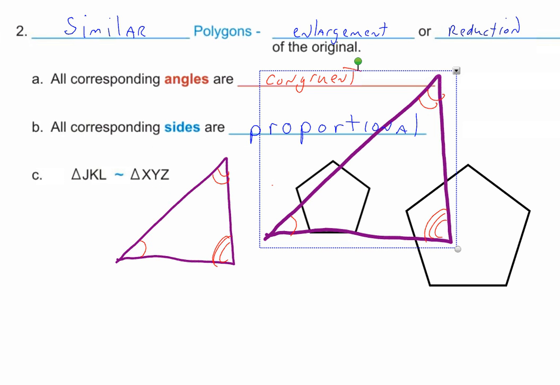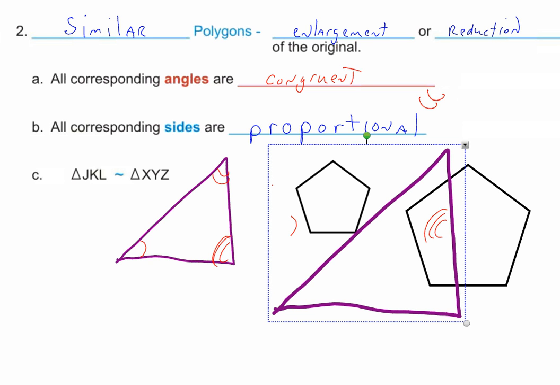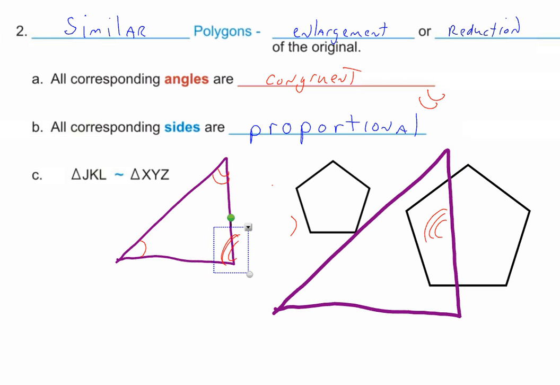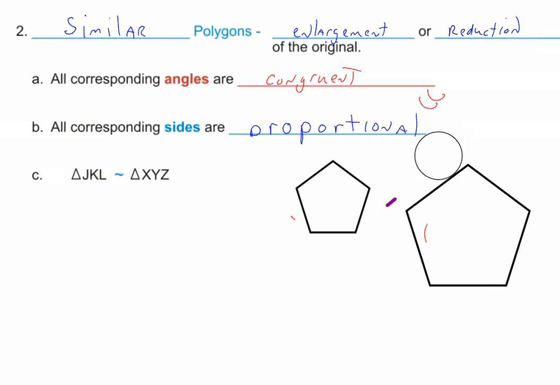Sides are proportional. Angles are congruent. Sides are proportional. Let me just erase here. Be easier. Angles are congruent. Sides are proportional. Okay. So I'll show you what that means in a moment and show you how that works with numbers in a moment.